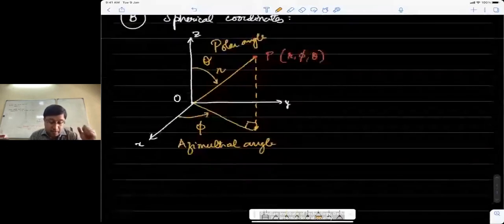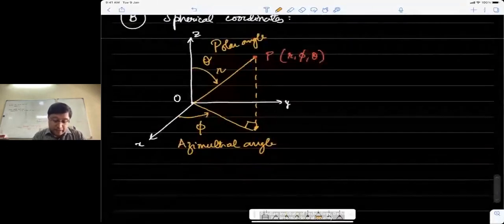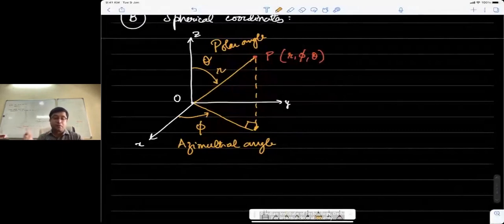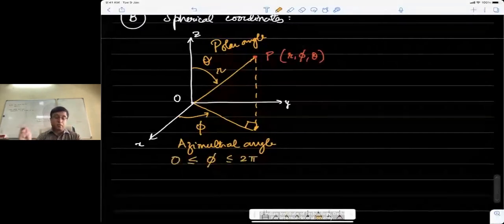Interestingly, you should know what the range of these variables would be. For instance, in the xyz system, all coordinates can go from minus infinity to plus infinity. The same is not the case when you move to cylindrical and spherical coordinates. For instance, in spherical coordinates, r is always a positive number, so it can go from 0 to infinity. Phi, because it's a projection on the xy plane, can take all values from 0 to 2 pi, so that it can cover the entire plane.